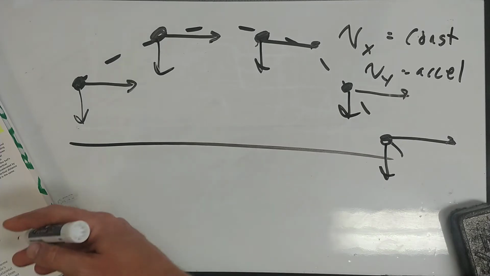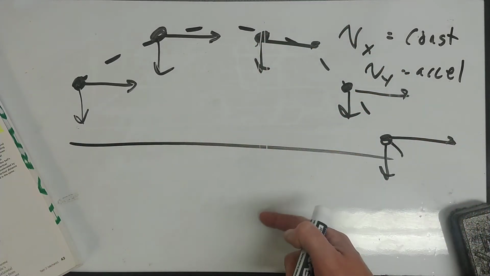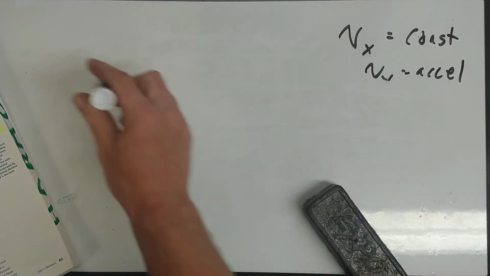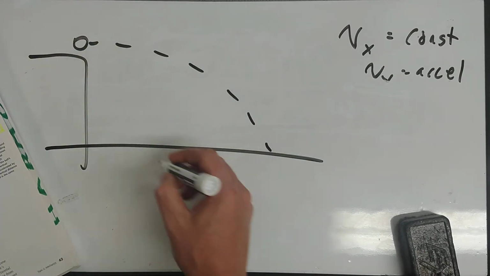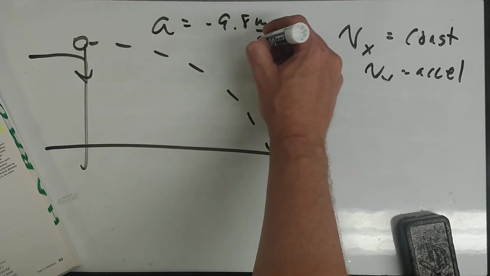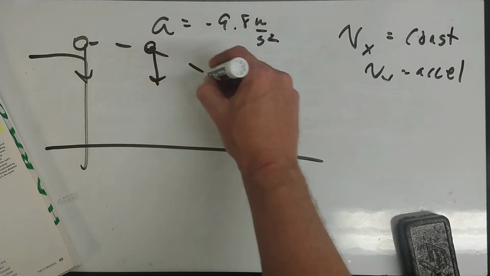So it's actually behaving like an object that was thrown up in the air and coming back down when it's launched. The whole time an object flies through the air when being shot, its acceleration is equal to negative 9.8 meters per second squared, which we call acceleration due to gravity. The whole time it's in the air, it's doing that.